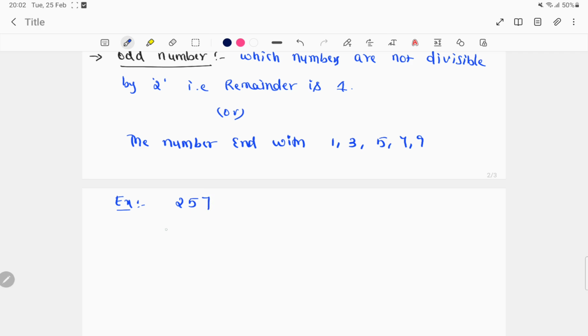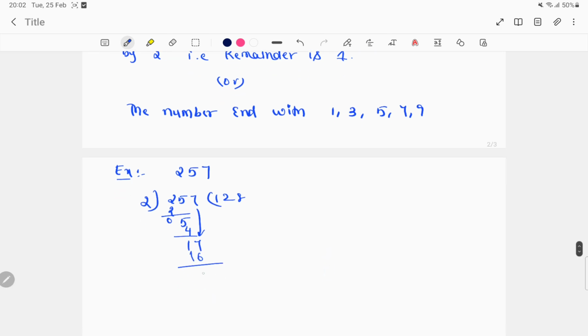I am checking whether it is divisible by 2 or not. 2 ones are 2, so 5, here 0, 2 twos are 4, here 1, so 7 you can carry down. 2 eights are 16, so 1. So here the remainder is 1.